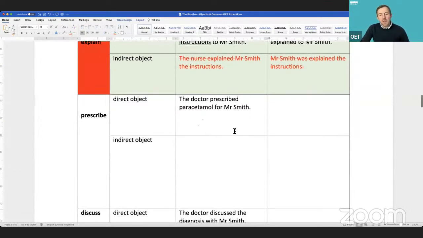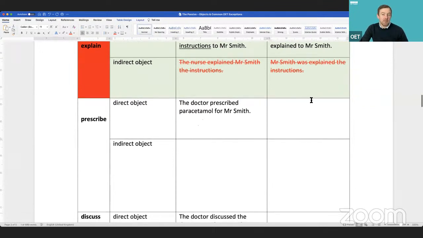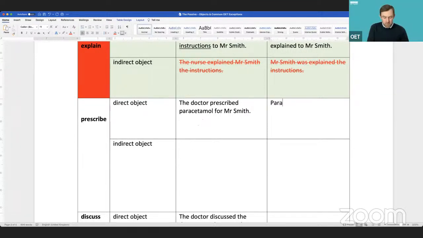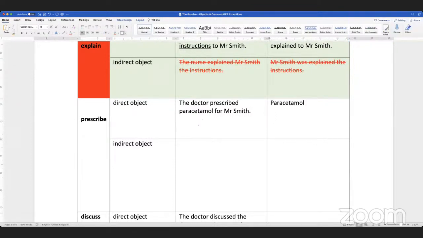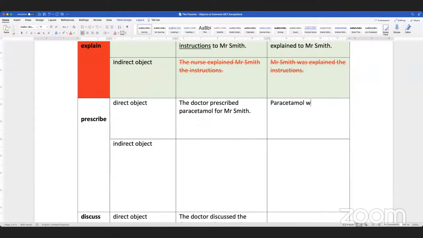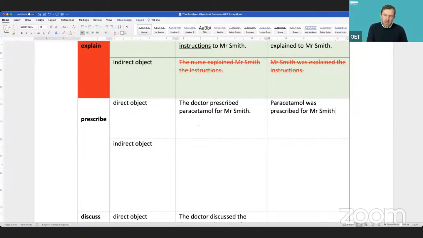So the doctor prescribed paracetamol for Mr. Smith. Do you think that I can put that into the passive? Yes, paracetamol was... No, I think it doesn't make sense. No, it does. Finish the paracetamol sentence. Paracetamol was prescribed to Mr. Smith by the doctor. I would put for Mr. Smith by the doctor.